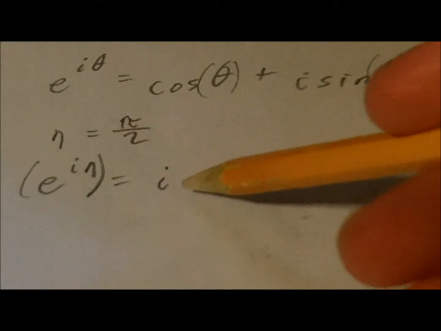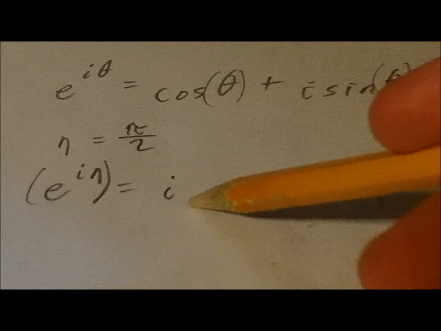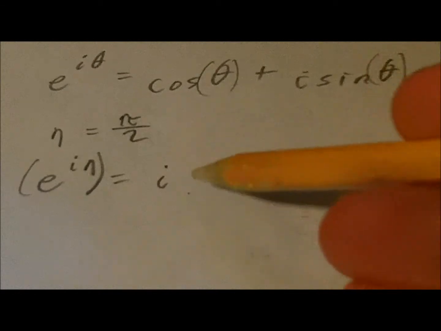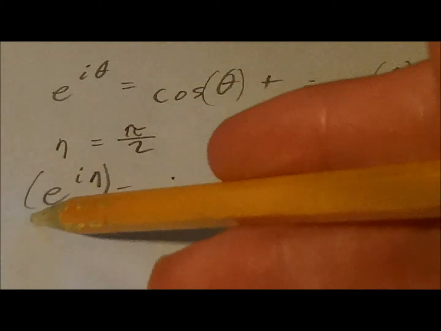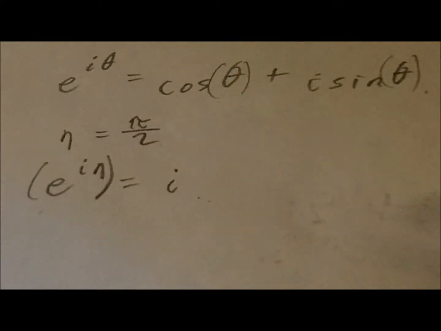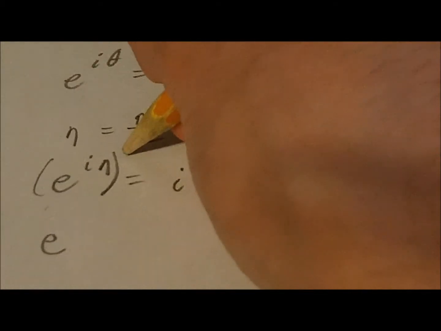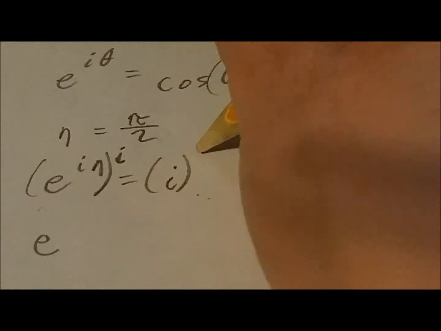Now, with this simplified formula, we can actually raise both sides of this equation to the power i. I'm just going to signify raising both of these to the power i.